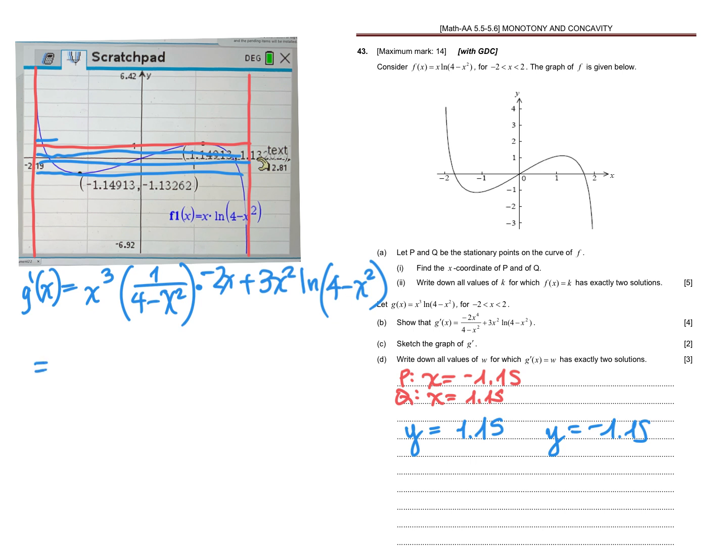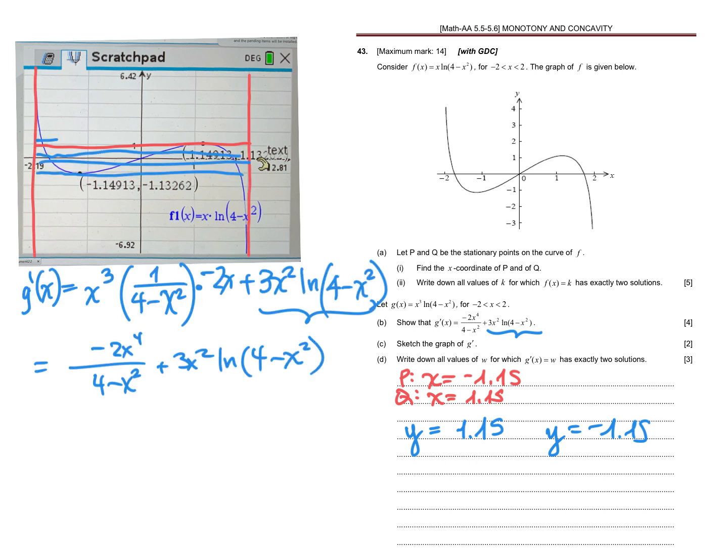So we know what we're going towards. So we've already got this part, which is nice. And then this is going to be −2x to the fourth over 4 minus x squared, plus 3x squared natural log of 4 minus x squared.